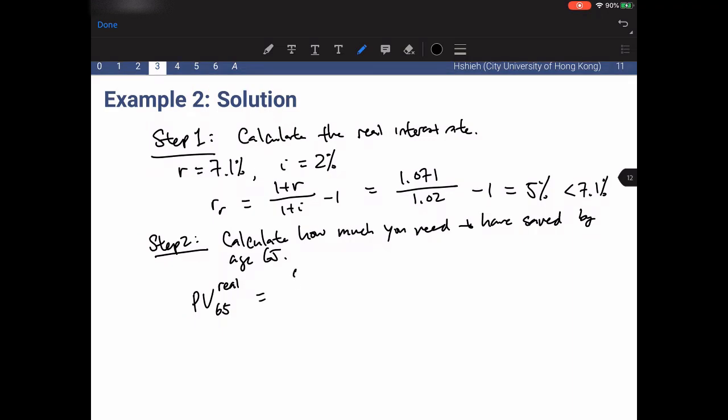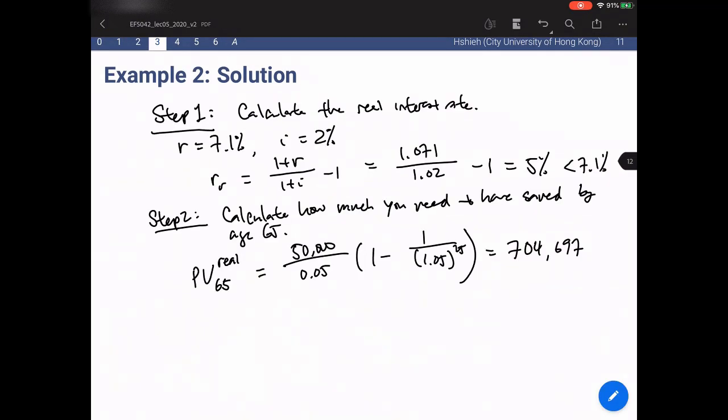So $50,000, and we're using 5%, and then the rest of our annuity formula for 25 periods. That's going to give us 704,697. You can double check this yourself. That's the present value of our retirement plan at age 65.